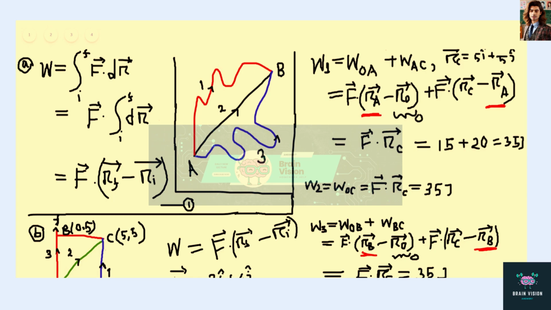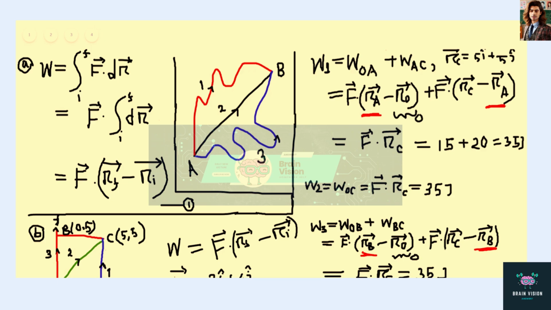Now I have this formula from the solution of A: W is equal to F dot (rf minus ri). My F is 3i plus 4j.